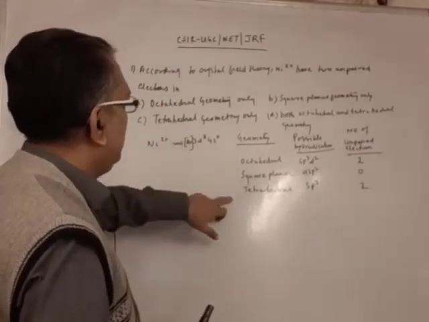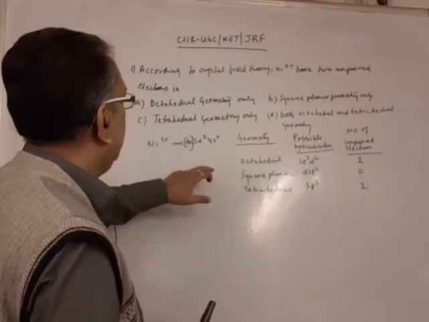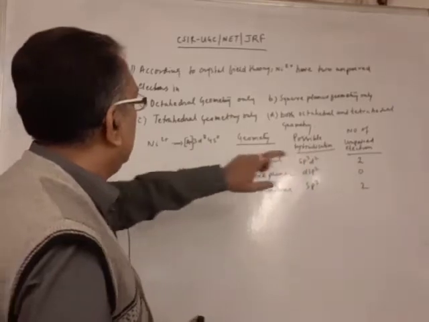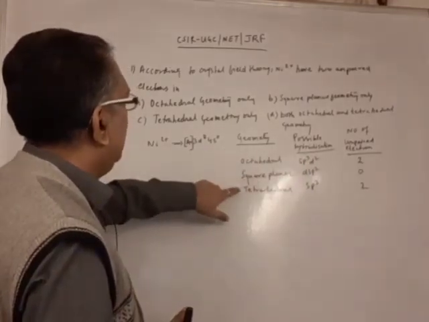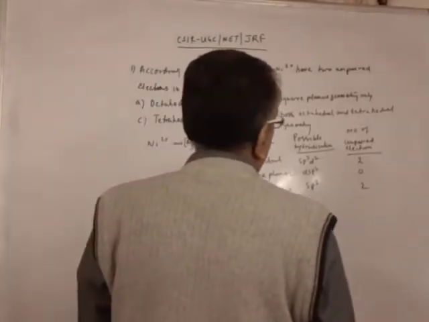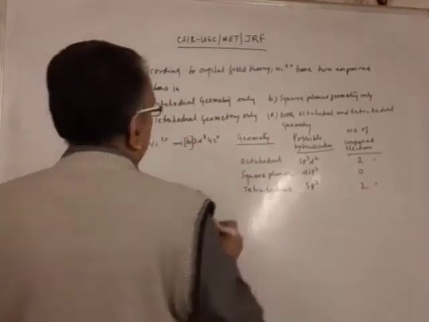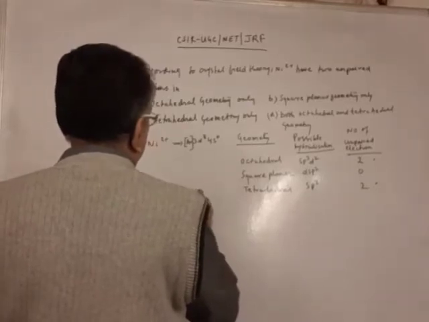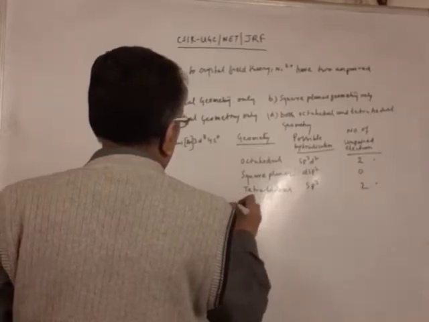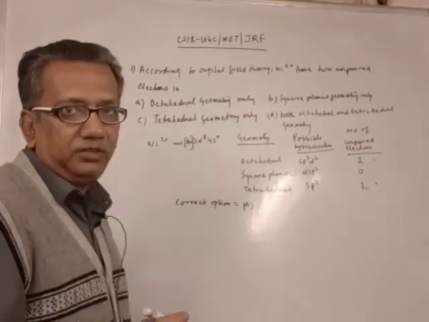In octahedral and tetrahedral, there are two unpaired electrons. So D is the correct option.